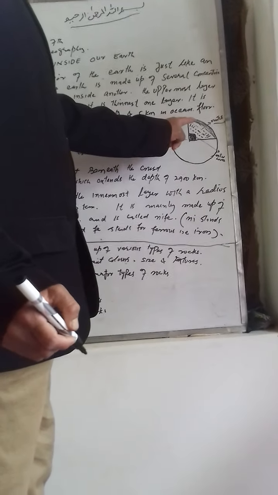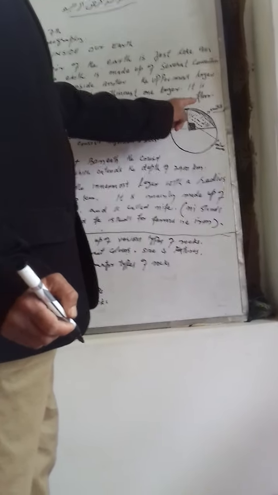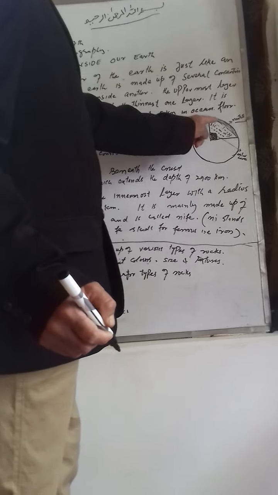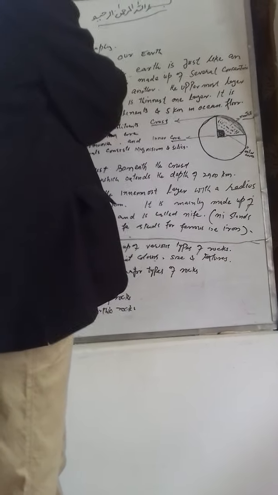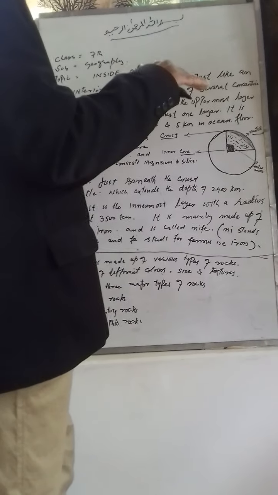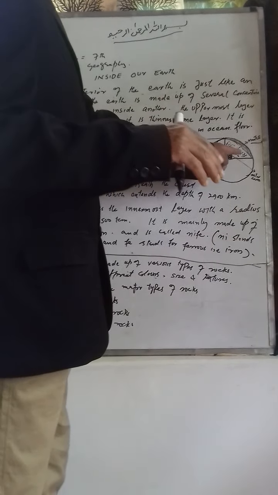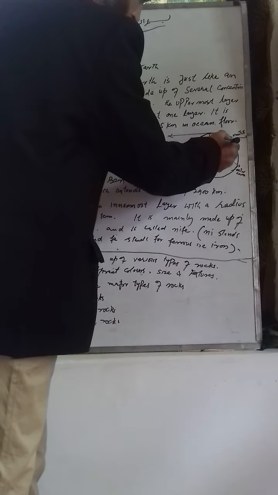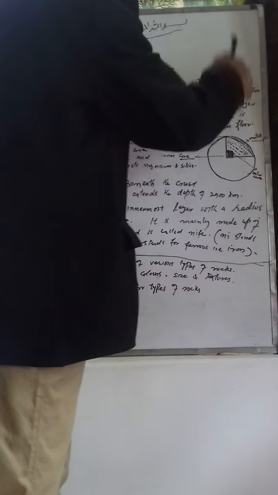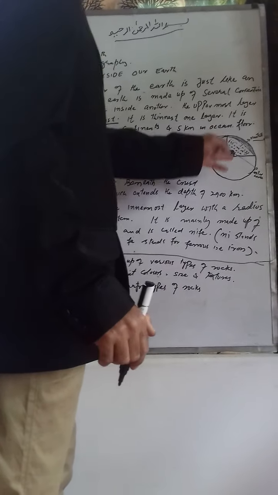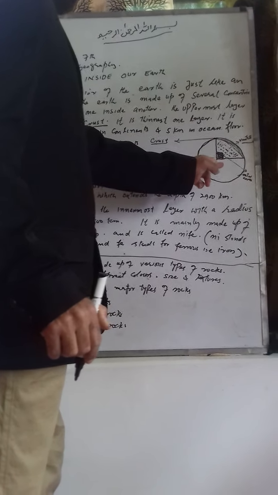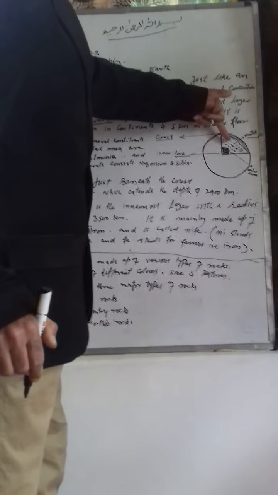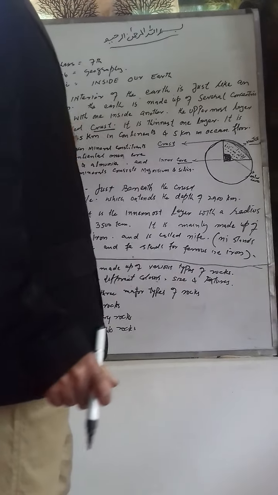As we know, the crust consists of 35 kilometers in continents and 5 kilometers in oceans. But the mantle extends to a depth of 2,900 kilometers. It is the second layer, and just beneath the crust is mantle, which extends to a depth of 2,900 kilometers.